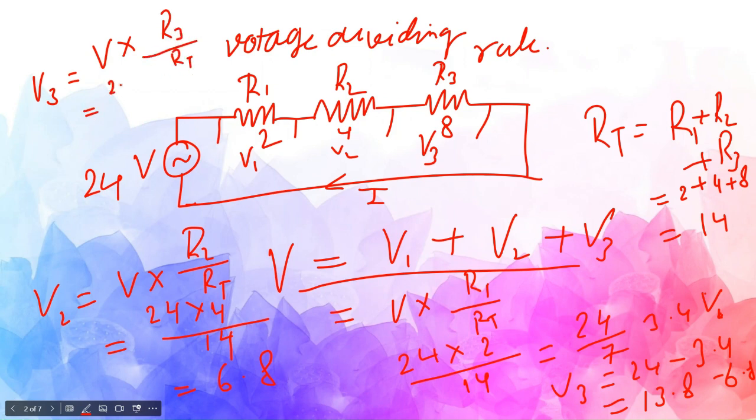So it is equal to 24 into 8 by 14, which means 4 into 3.4, which comes around 13.6, right?